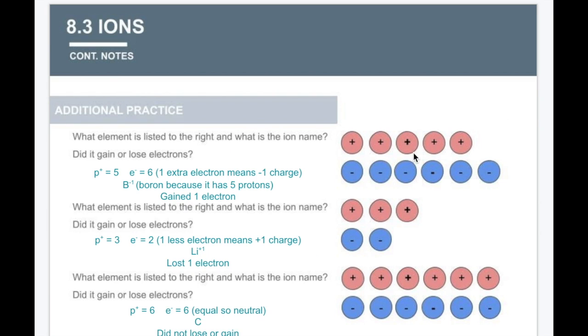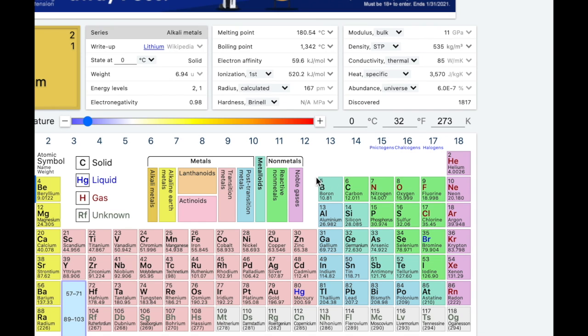Moving on to some additional practice. What element is listed to the right and what is the ion name? Remember, the identity of the element is always going to be the number of protons, or positively charged particles. So 1, 2, 3, 4, 5. There are 5 protons, so I go find element number 5. Its identity is boron.